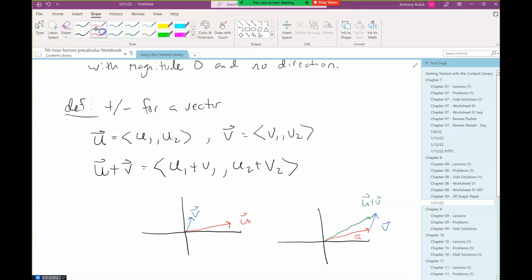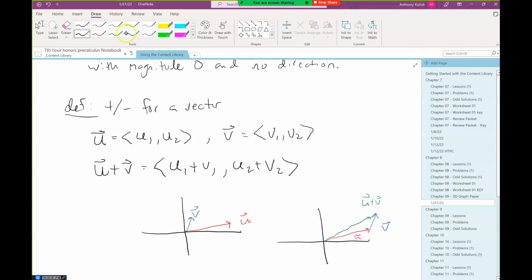So if we look at those two definitions, the geometric and the algebraic definitions of vector addition, is vector addition commutative? Is u plus v the same as v plus u? Yes, right? Clearly, if I flip the order, u1 plus v1 is the same as v1 plus u1, since u1 and v1 are just real numbers.